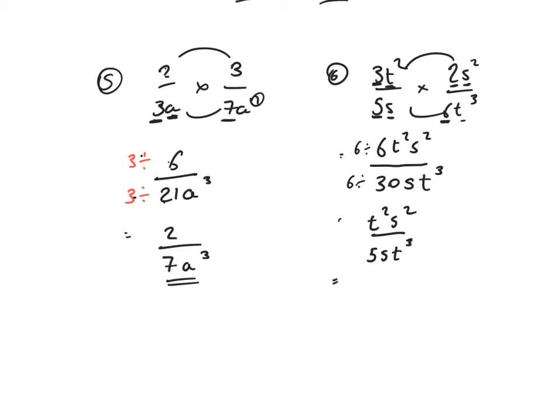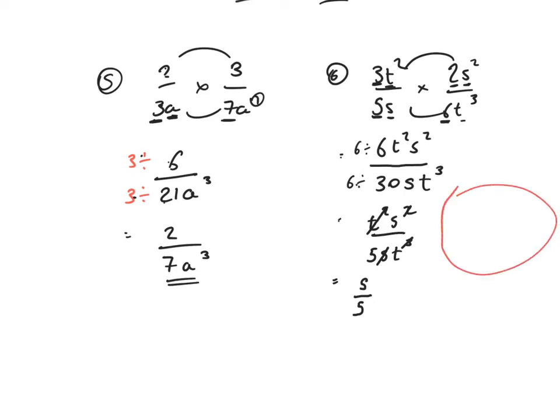Okay. Next move, I can cancel that s with that s squared to bring that down to s, and I can cancel that t squared, which will bring that down to just t, which will give me a final answer of s over 5t. So let's just look at that in detail as to where that came from.